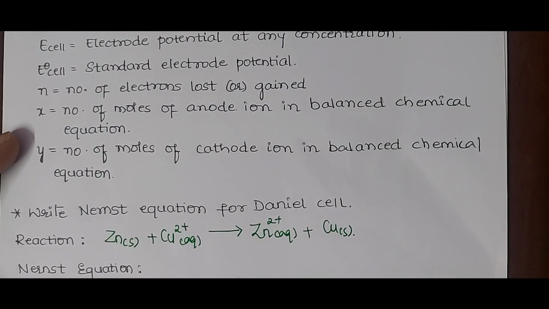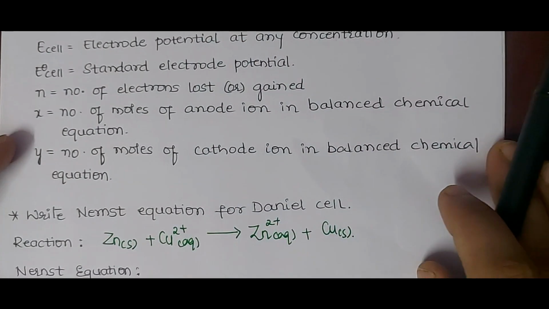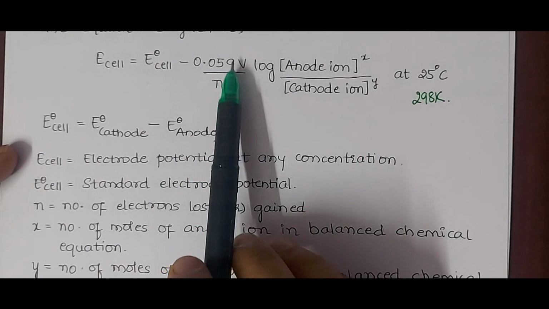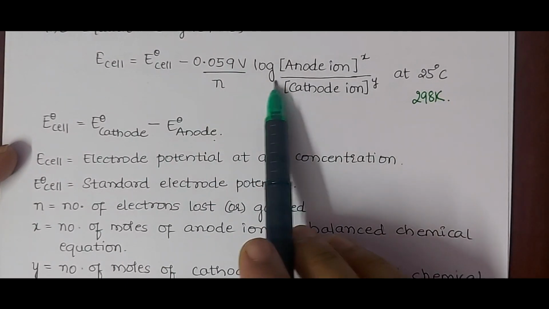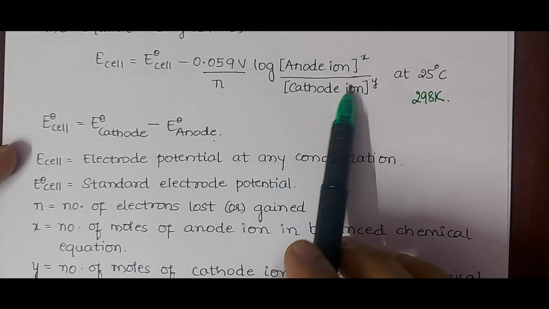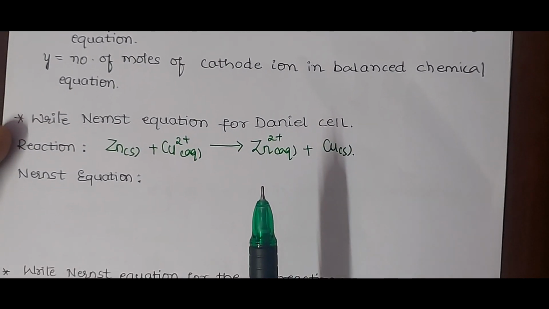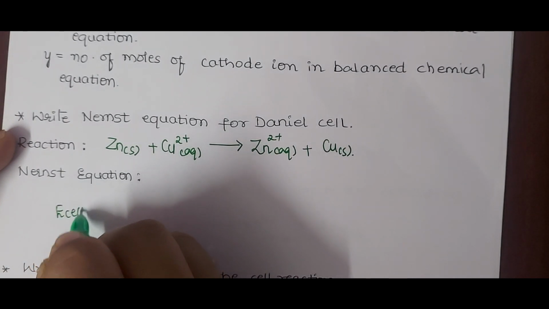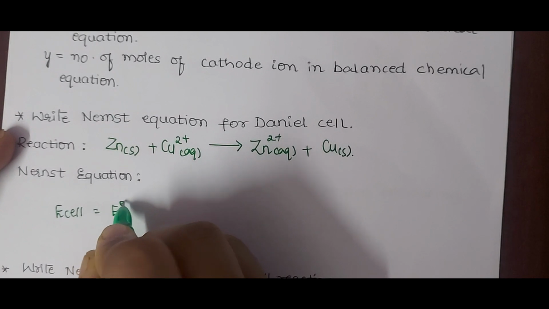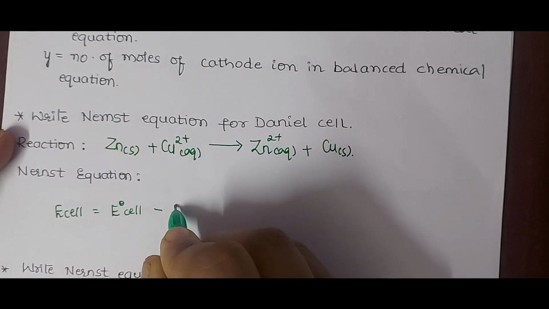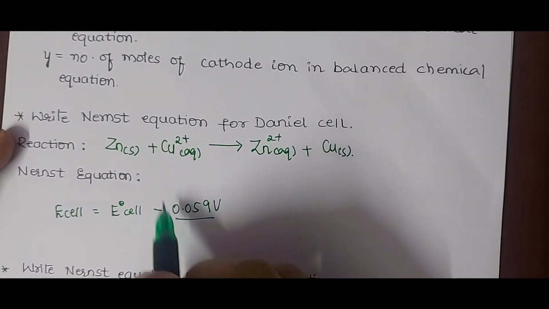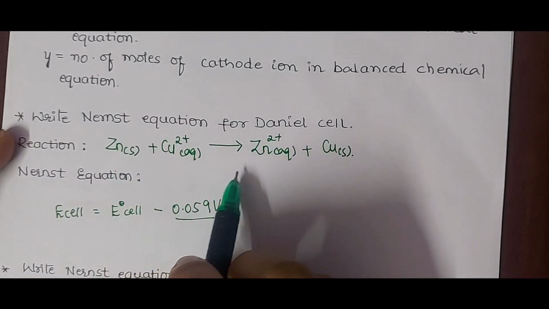Now when we compare it with the Nernst equation given above, E cell equal to E naught cell minus 0.059 volt divided by n, log of anode ion to the power x divided by cathode ion to the power y. Since we don't know its E naught cell value, generally we can write the Nernst equation as E cell equal to E naught cell minus 0.059 volt divided by n. The n value we can find out by looking at the reaction.